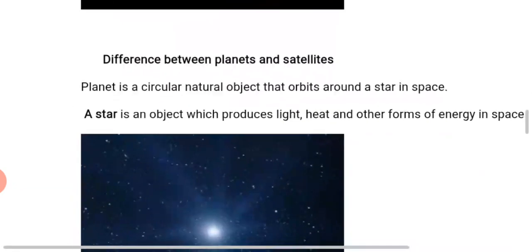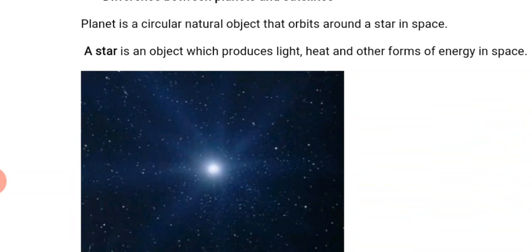This is a picture of a star. When a planet moves around, it also circles around the star. Star is just an object that produces light. It also produces heat and other forms of energy that is useful for humans, or any living objects.